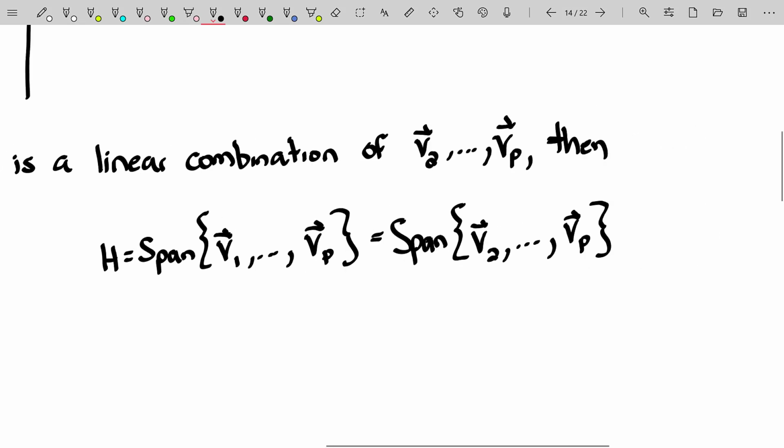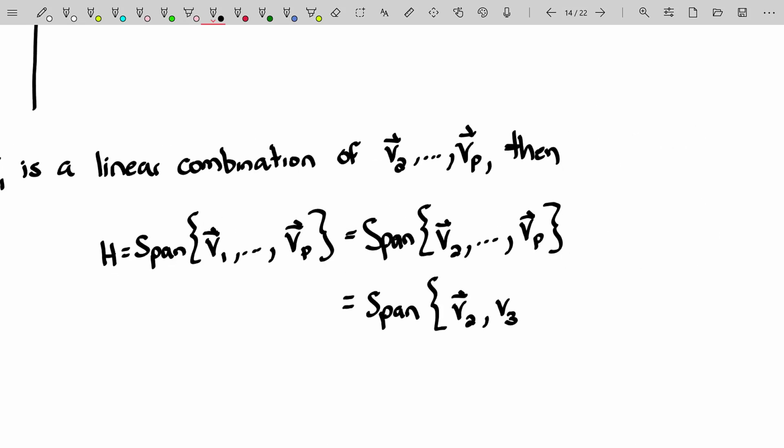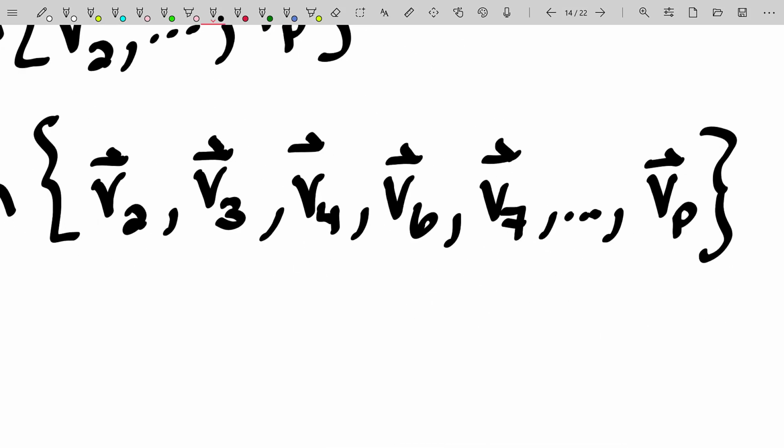Well, you can remove that as well and still be able to span H. And if you continually do this, you'll arrive at a set of vectors that are linearly independent because you're removing the linear dependency every single step of the way. Eventually you'll have a bare minimum number of vectors that are linearly independent and still span your space. That resulting set of vectors will be a basis for your space.